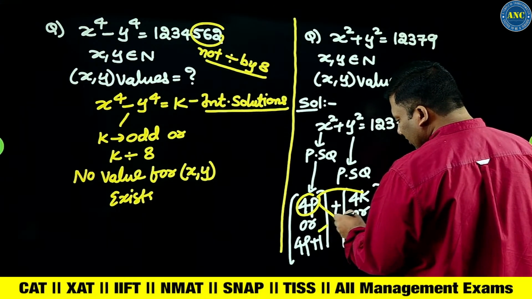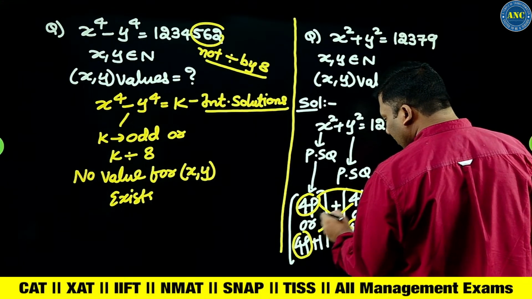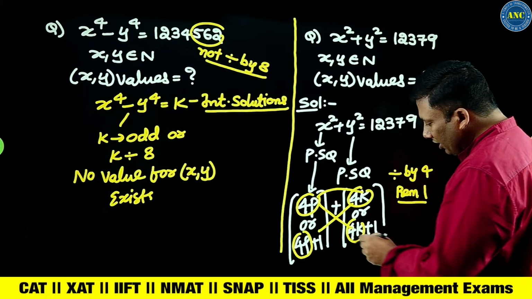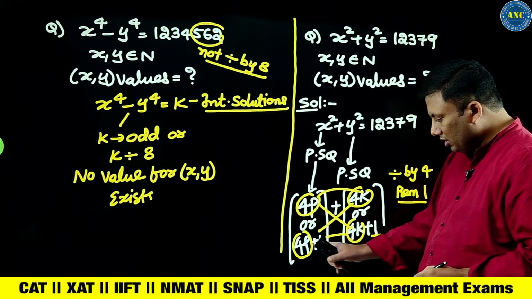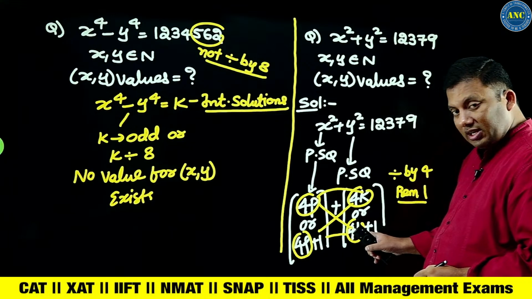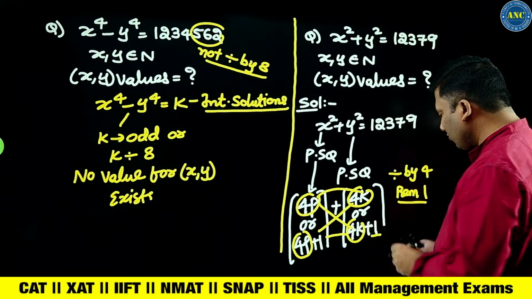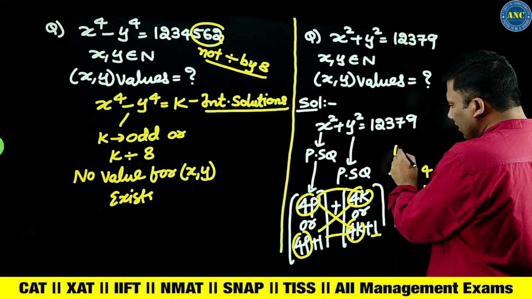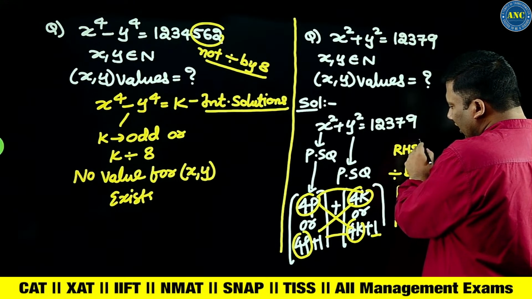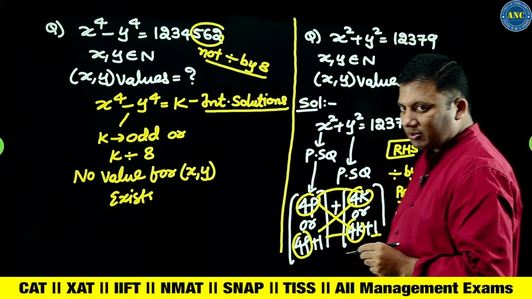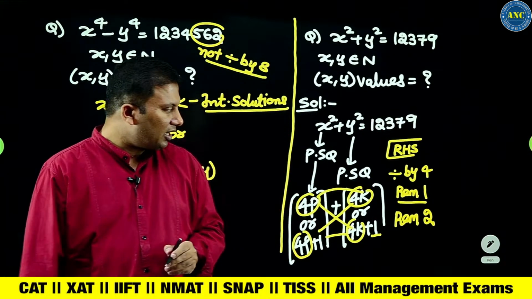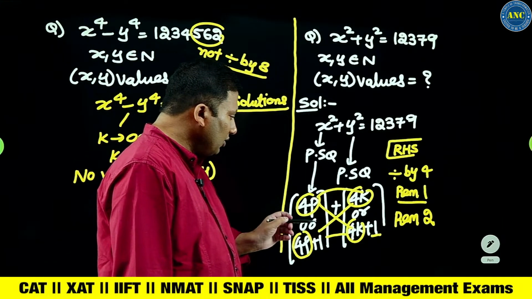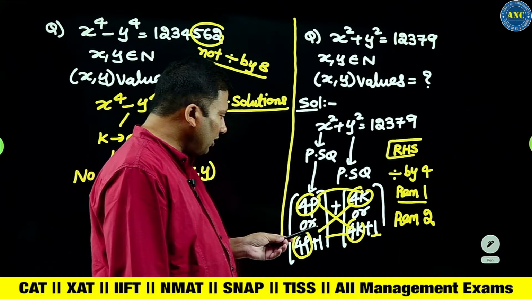If both give remainder 1, then 1 plus 1 gives remainder 2. That means the right hand side is either perfectly divisible by 4 or gives a remainder 1 or 2.